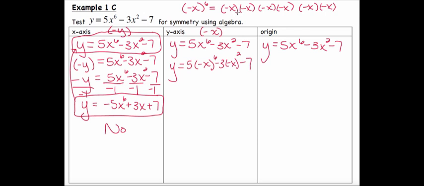And you can see that for every 2 negative x's that I multiply, I actually get a positive result. So these 2 negative x's will turn positive, these 2 negative x's will result in a positive, and these 2 negative x's will result in a positive answer. So I end up with a positive times a positive times a positive.